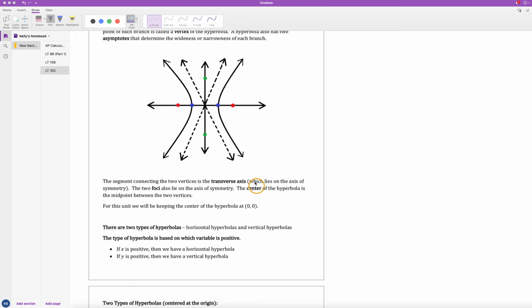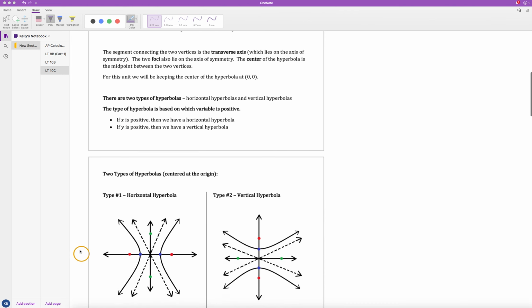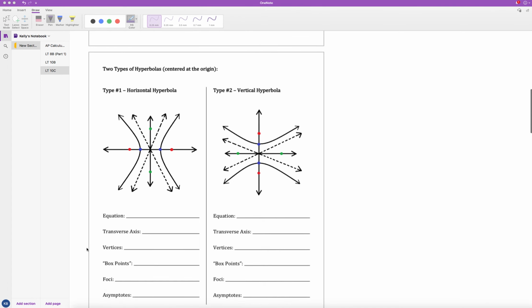Instead, we're going to have either an x squared piece minus a y squared piece, which gives a horizontal hyperbola because the x term is positive, or y squared minus x squared, which gives a vertical hyperbola because the y term is positive. We're going to look at those two examples side by side next.